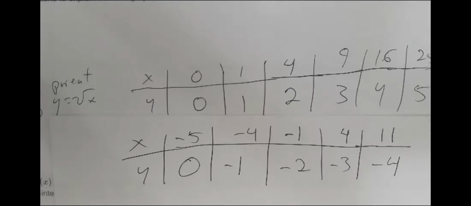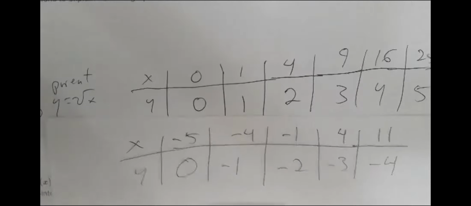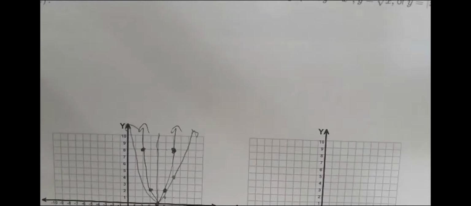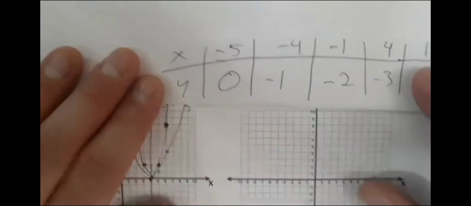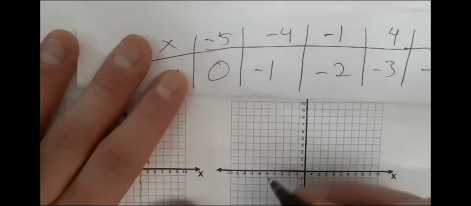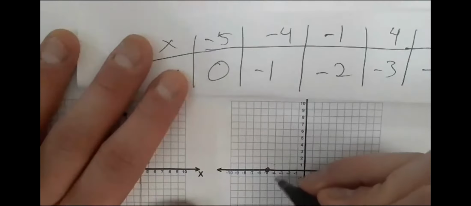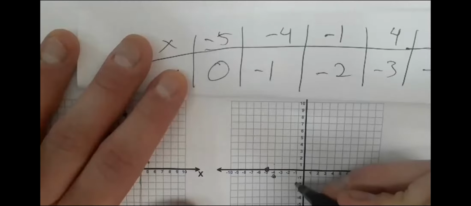So these are the new points that I am trying to graph. I look at -5, 0. I look at -4, -1. I look at -1, -2.